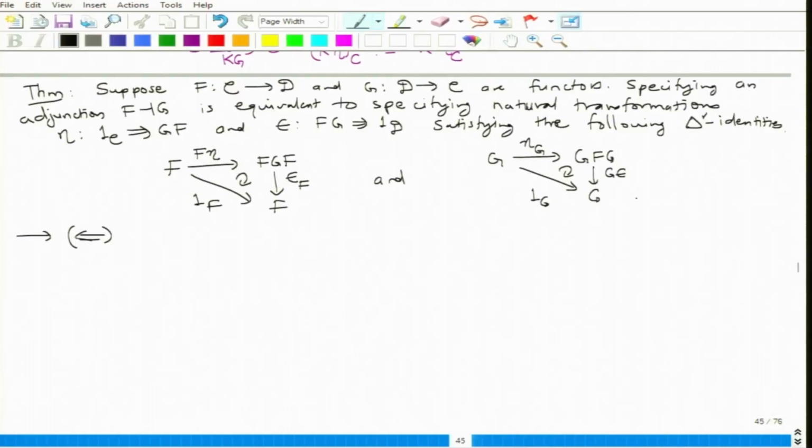Okay, let's see what this is trying to say. So I will purposely do the converse direction first. Suppose we are given eta and epsilon satisfying the triangular identities.